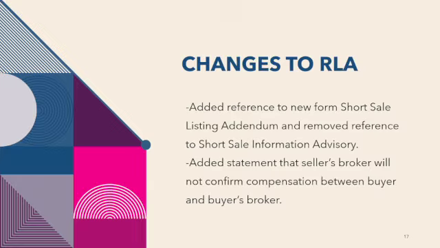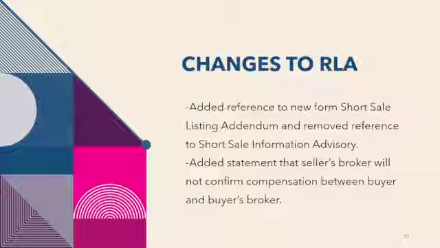Changes to the RLA, the residential listing agreement. There was an added reference to the new short sale listing addendum. That's kind of new. And they removed the reference to the short sale information advisory, so that was replaced with the new SSLA.